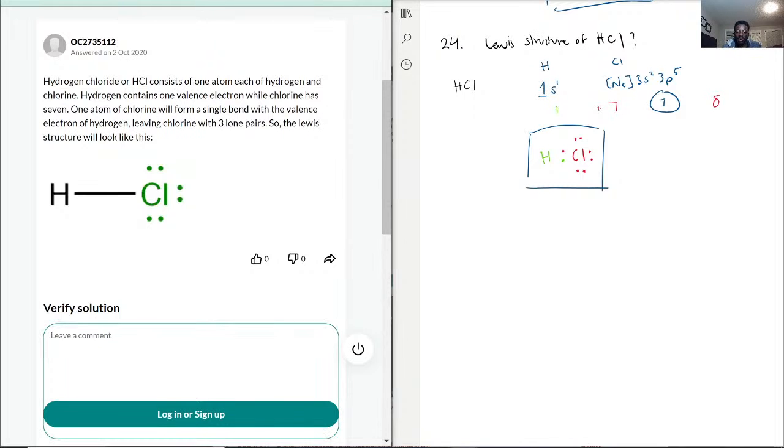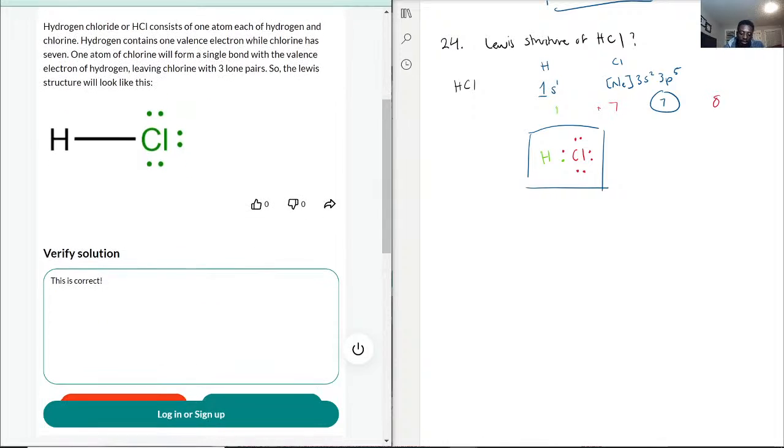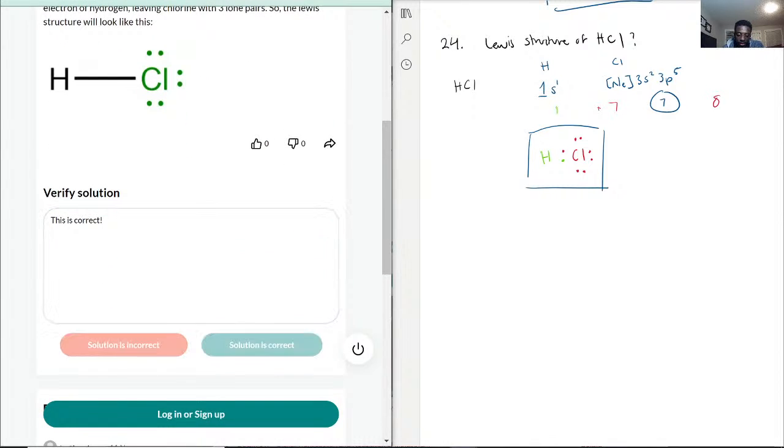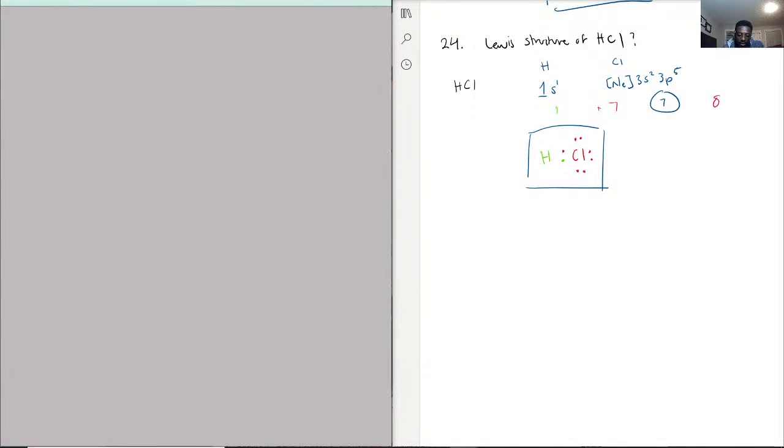I still do recommend that when you're doing this, you make sure your bonds are written as electrons. 2 electrons is a single bond. A double bond would have 4 electrons, and etc. Okay, this is correct. Just checking over the work to make sure we didn't miss anything crucial. Nope, I believe that's all. Okay, so now let's move on to question 25.